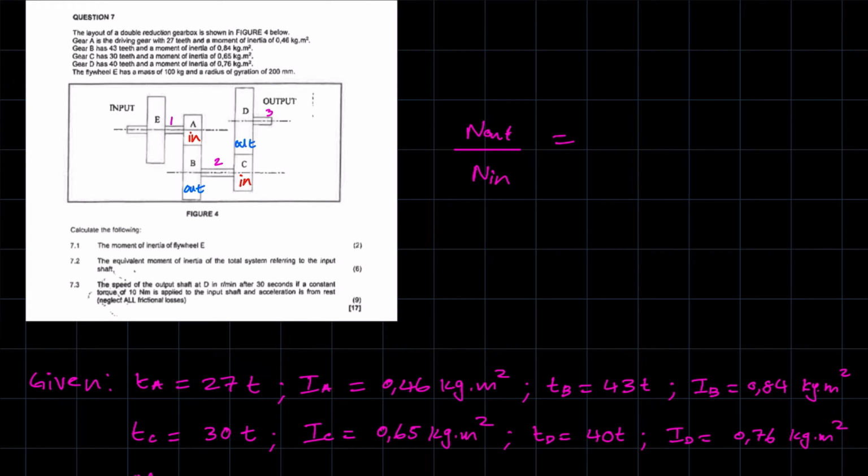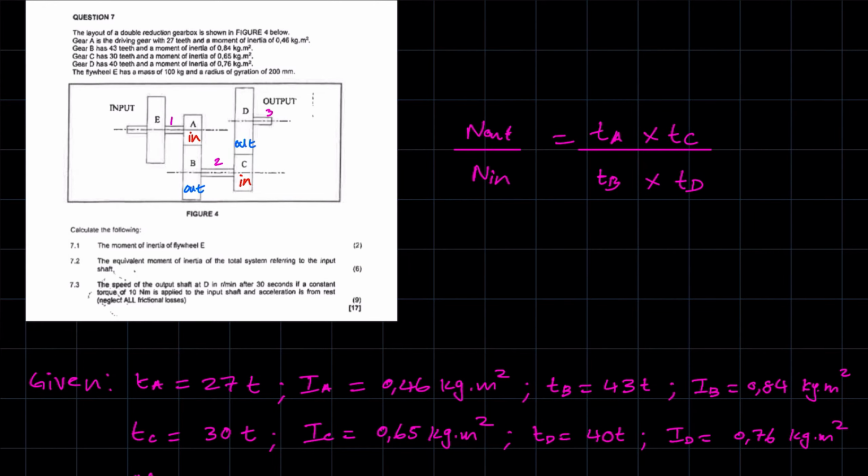Seeing that N out is the numerator, in terms of number of teeth you will have the product of T in here, that would be TA times TC, divided by the product of T out, which is TB times TD.